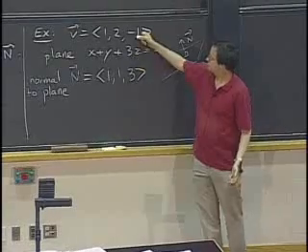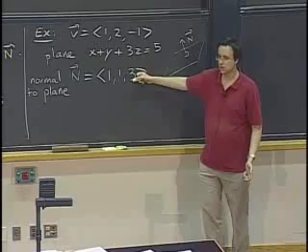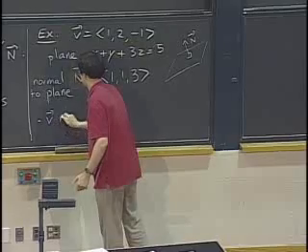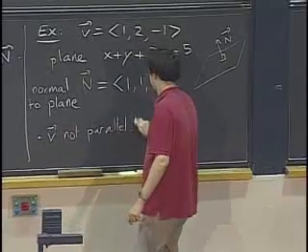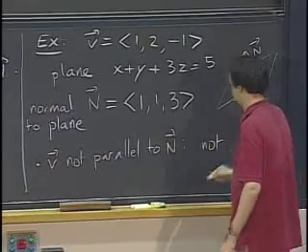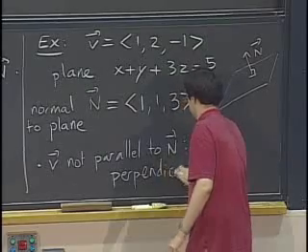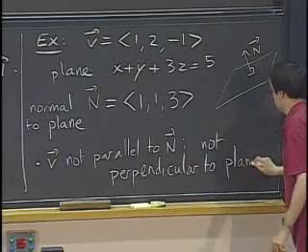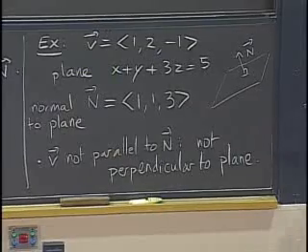But now, see, these are not proportional to V. So V is not perpendicular to the plane. Being perpendicular to the plane is the same as being parallel to its normal vector.